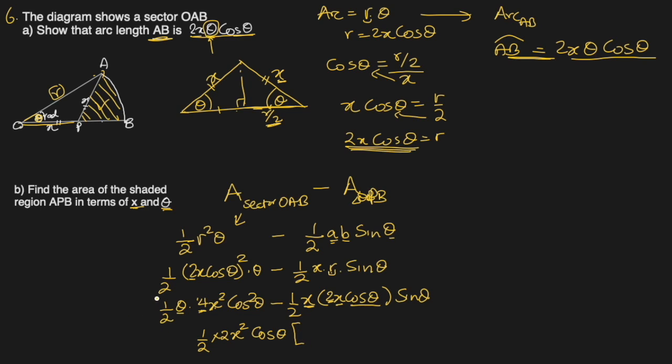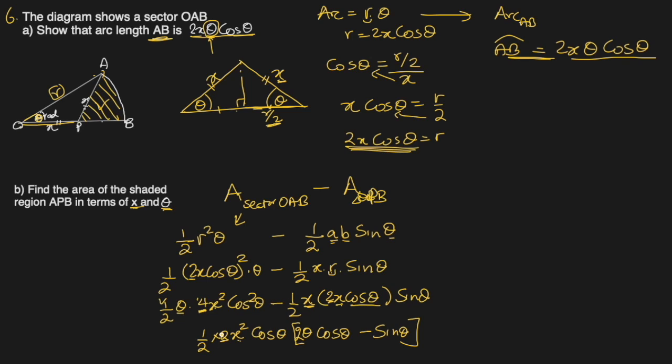Here half is taken, theta is not taken, so theta will be here. Of 4, 2 is taken out, so remaining is 2. X square is fully out. One cos theta is out, so the second cos theta will be written. Minus, half is out, x square is out, 2 is out, cos theta is out, only sin theta is remaining.